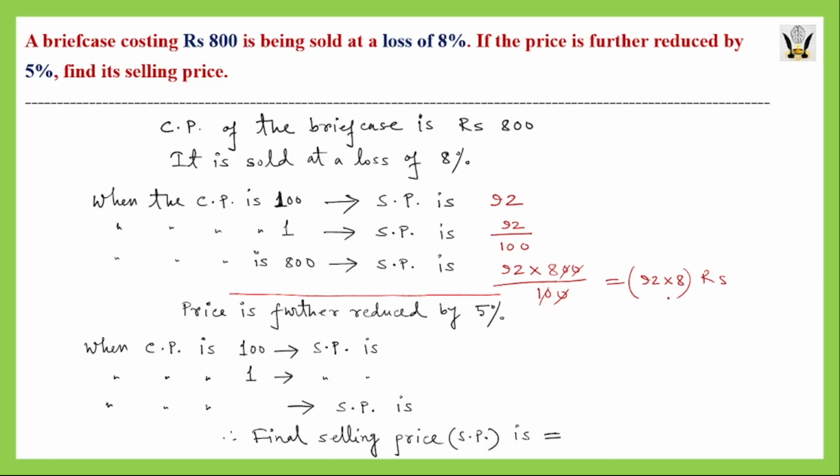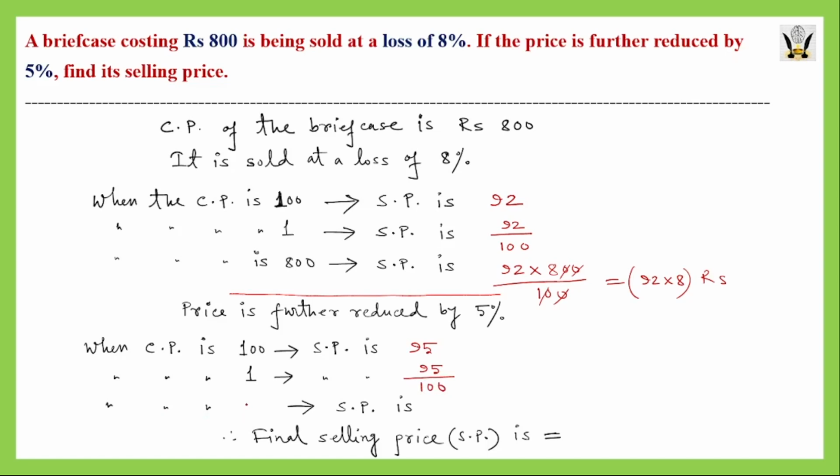So if that amount is now assumed as the cost price, then the selling price will be what? It is reduced by 5%, so it will be 95 rupees with respect to 100. So if the cost price is 1, now the selling price will be 95 divided by 100, meaning the new price after reduction.